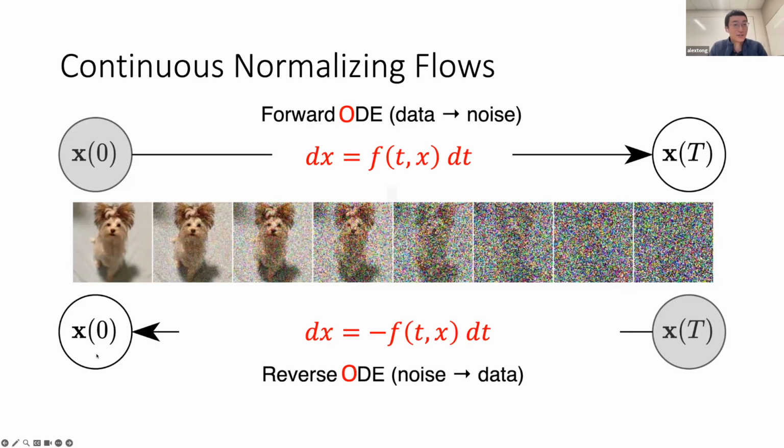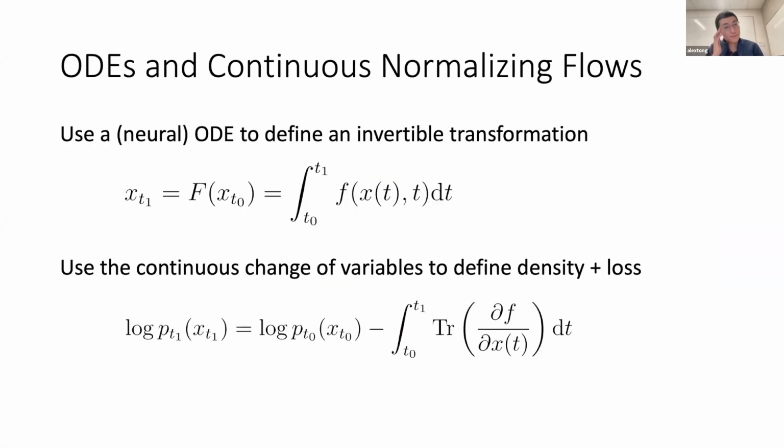And you can learn a function that does this. However, how do you train this thing? The way that it was trained before is you use a neural ODE to represent this invertible transformation. So big F is invertible, and it goes from time 0 to time 1. But it's an integral of this actual parameterized neural network that parameterizes the derivative. And so how do you train this thing? Well, the easiest way is to maximize the log probability.